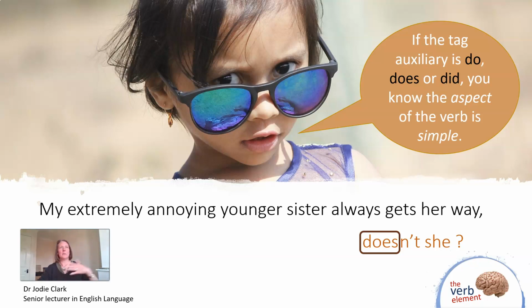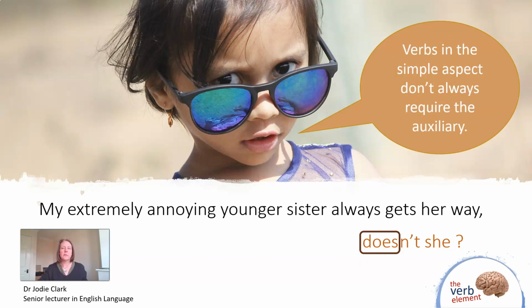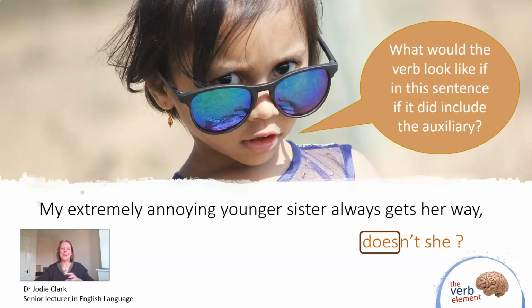Now, there's a bunch of different aspects, well, there's only a few different aspects. One of those aspects is simple, and verbs in the simple aspect don't always require the auxiliary. So if your brain is getting a little bit scrambled, all we need to do is check to see, let's just imagine the sentence again, if it did include the auxiliary. So can you stick a does in there somewhere?